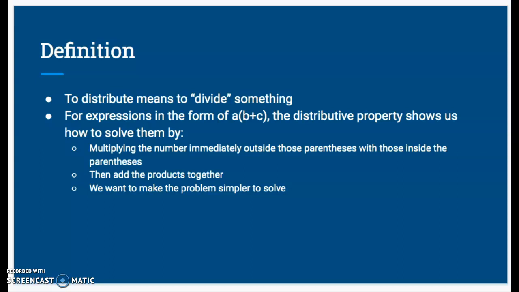For expressions in the form of A times (B plus C), the distributive property shows us how to solve them by multiplying the number immediately outside the parentheses with those inside the parentheses. Once we have that, we add those products together. Like I said, we want to make the problem simpler to solve, and that's why we use the distributive property.